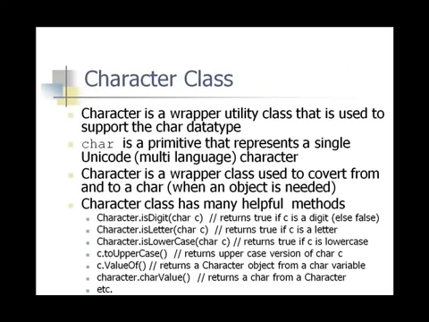Let's start off with the Character class. Character is a wrapper class that is used when we want a char primitive, but we want it to be in an object form. It also has some utility methods that we can use to interrogate characters. Bear in mind that characters in Java are Unicode multi-language characters.